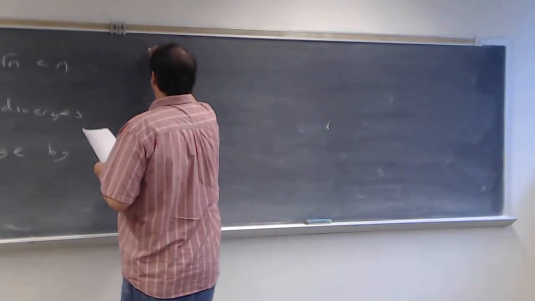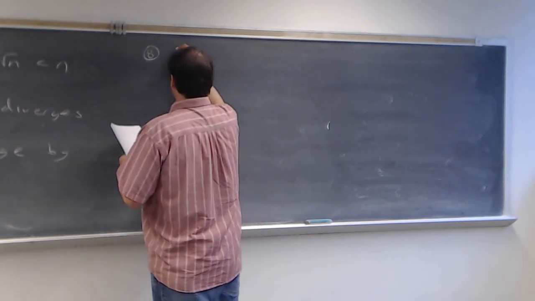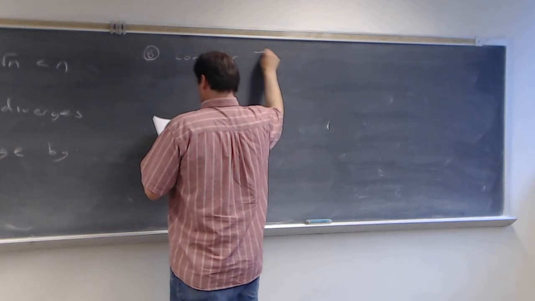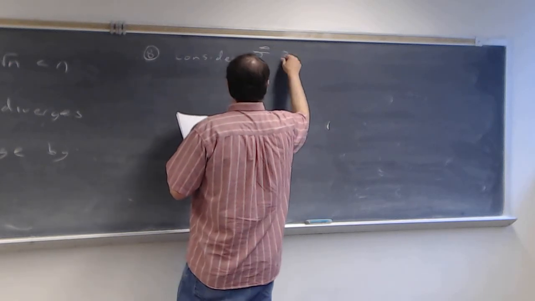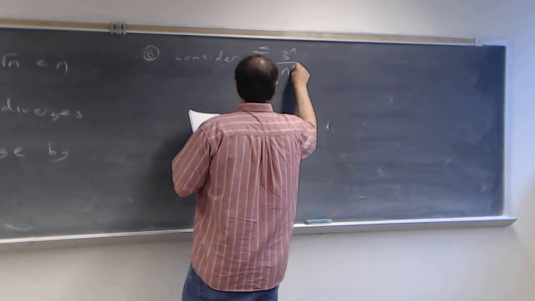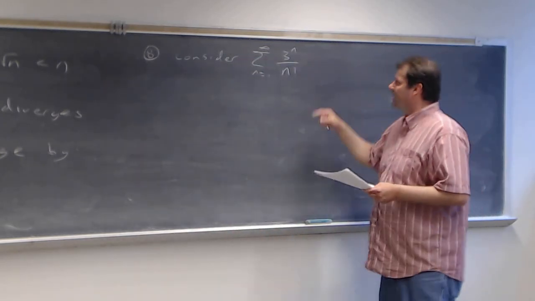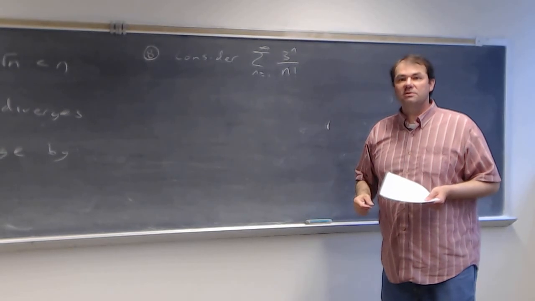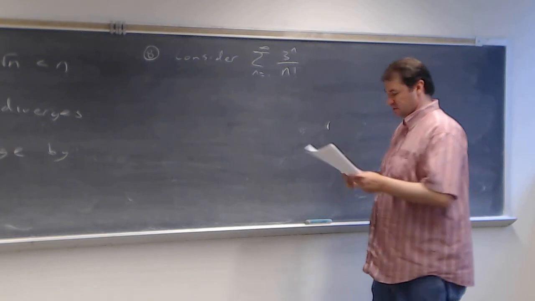Another example is if we consider the sum as n runs from 1 to infinity of 3 to the n over n factorial. A lot of times, series that involve n factorial, we're able to determine something about their convergence or divergence using the ratio test.